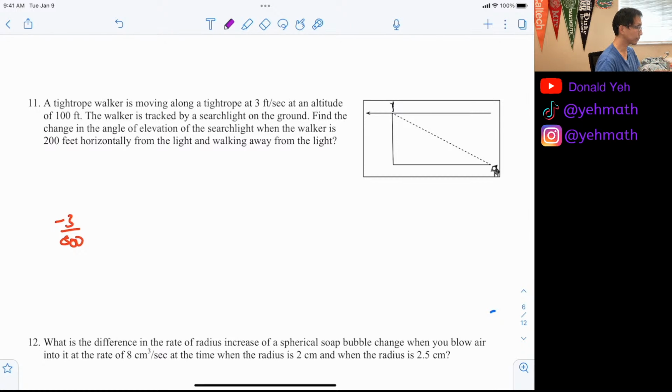Fine. Sam, which question do you need help with? 7 over 5. Which trig function did you use? I will use cotangent. Just because.